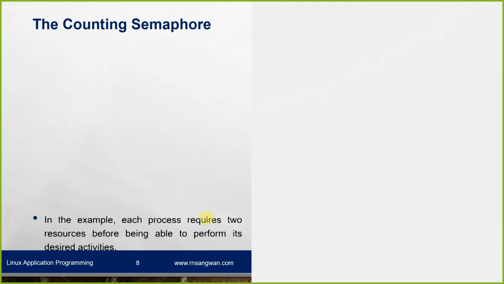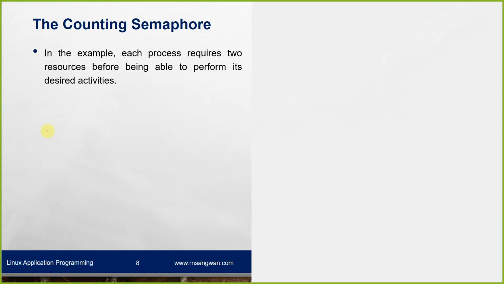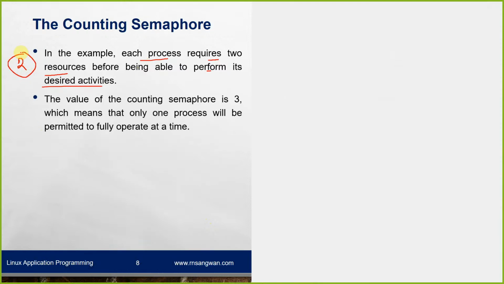Counting semaphore example. In the example, we have the same process. Each process requires 2 resources before being able to perform its desired activities. So this is an assumption that we have 2 resources and both must be acquired by a process to continue its task.